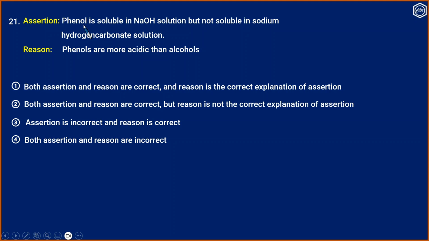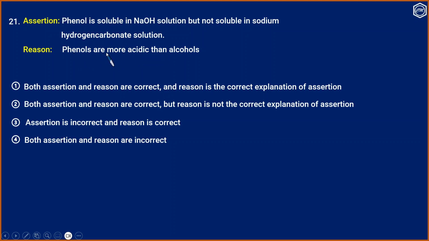And assertion is correct. Phenol is soluble in sodium hydroxide solution, but not soluble in sodium bicarbonate solution. And this is because phenol is not acidic enough to dissolve in sodium hydrogen carbonate. Reason: phenols are more acidic than alcohol.